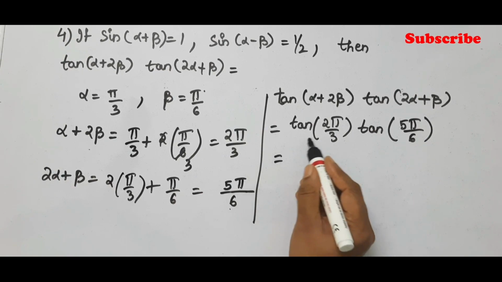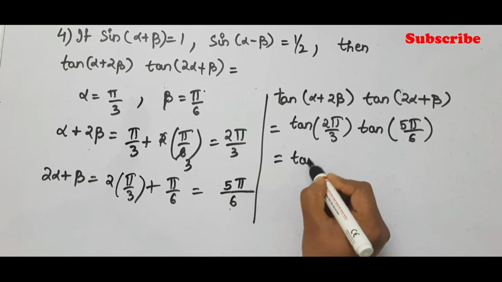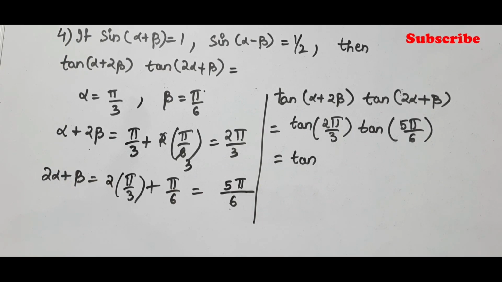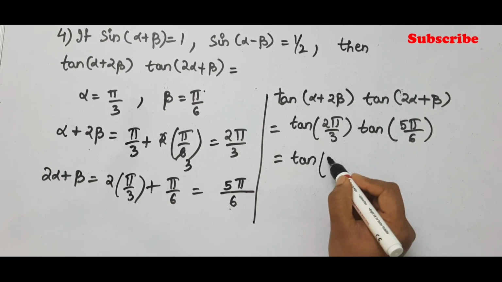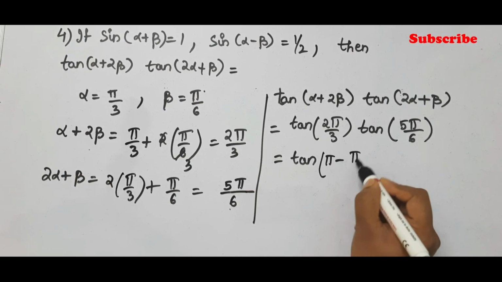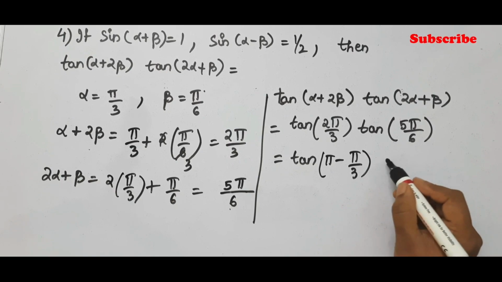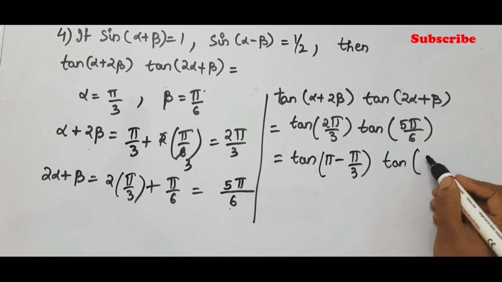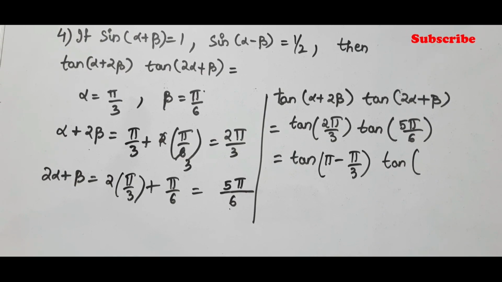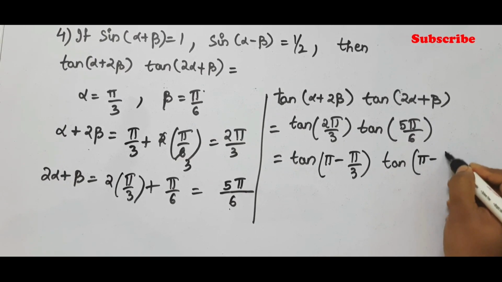Now tan of 2 pi by 3: if you know the value, you can easily substitute. If not, you have to transform this angle. It can be written as pi minus pi by 3, which gives 2 pi by 3, is it not? So tan of pi by 3, and 5 pi by 6 can be transformed as pi minus pi by 6.